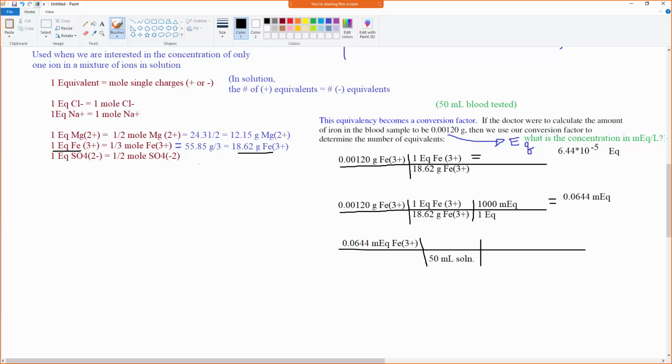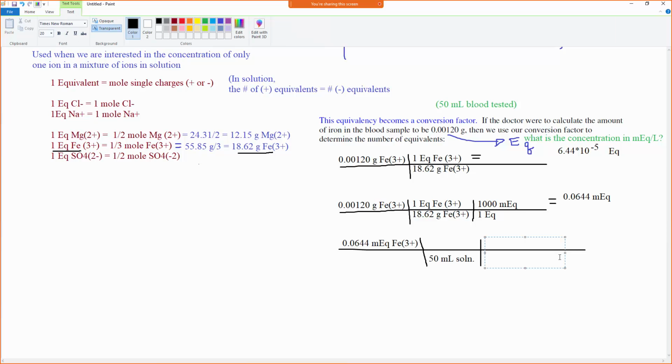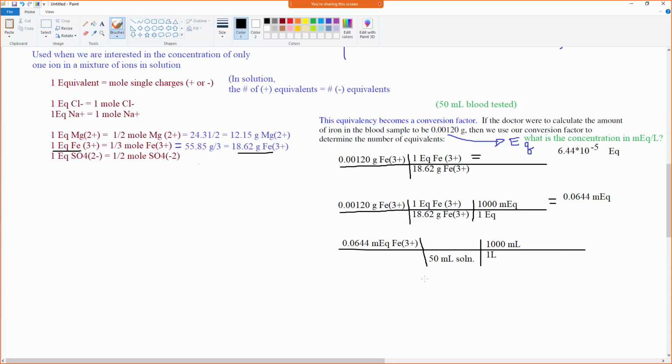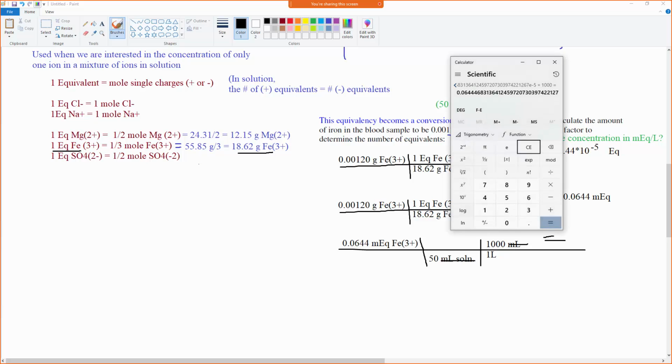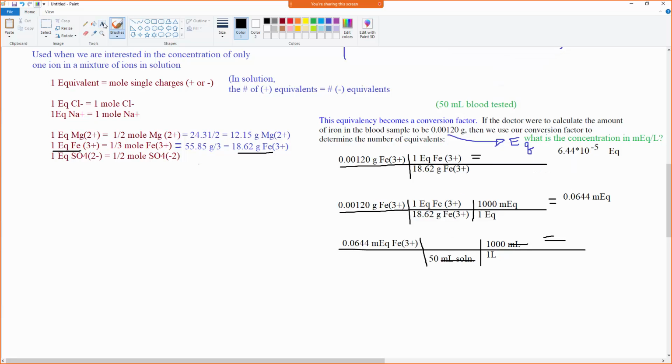They specifically said milliequivalents per liter. So I'm going to have to remember that there's 1,000 milliliters in 1 liter of anything, including blood. So we're going to cancel that. And that gives me milliequivalents per liter. There's my 0.0644 divided by 50 times 1,000. And I get 1.29 milliequivalents per liter.